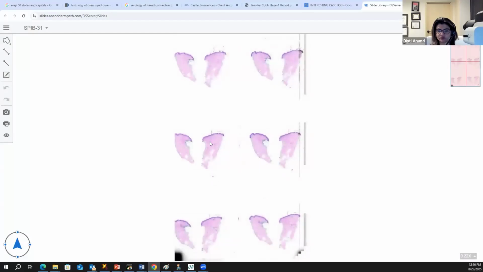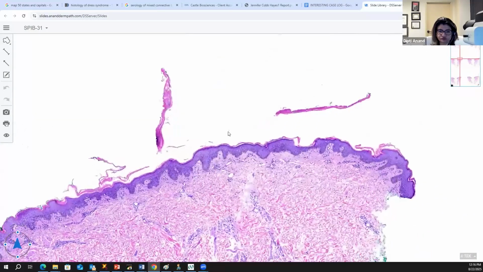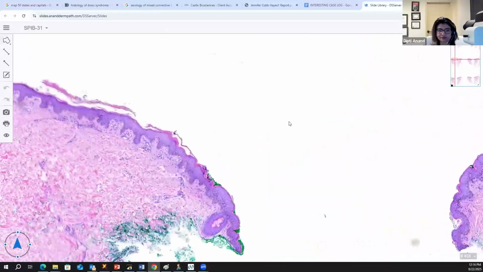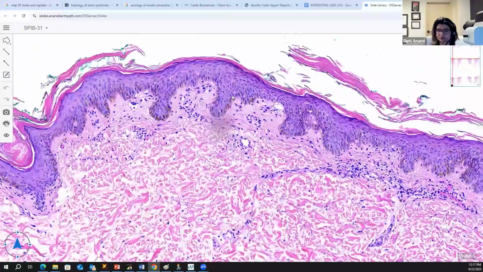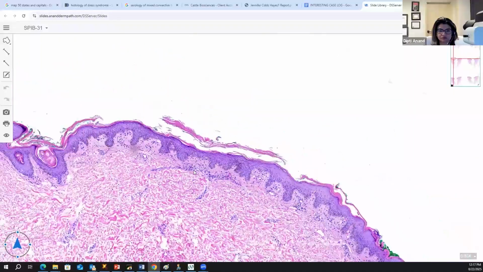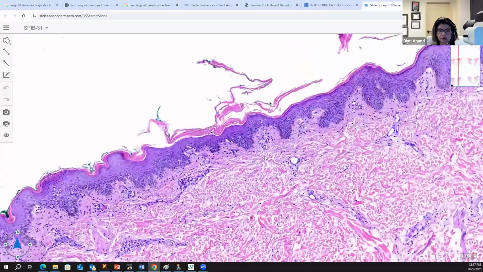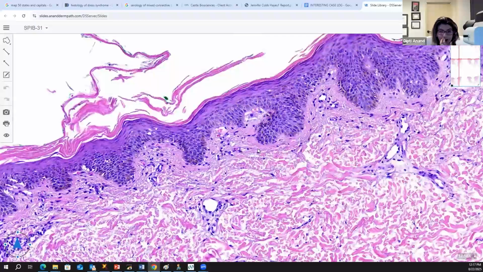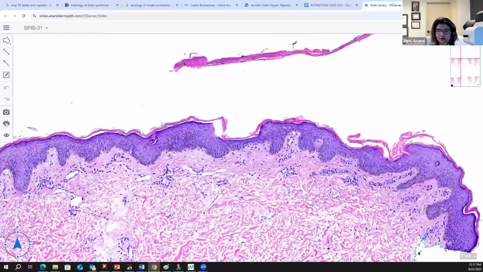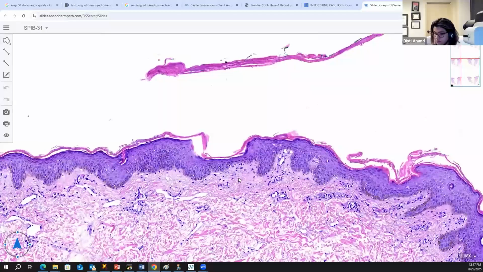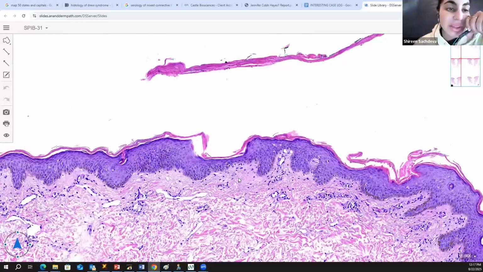We have the next one. Okay, I can go. So you have very mild spongiosis.